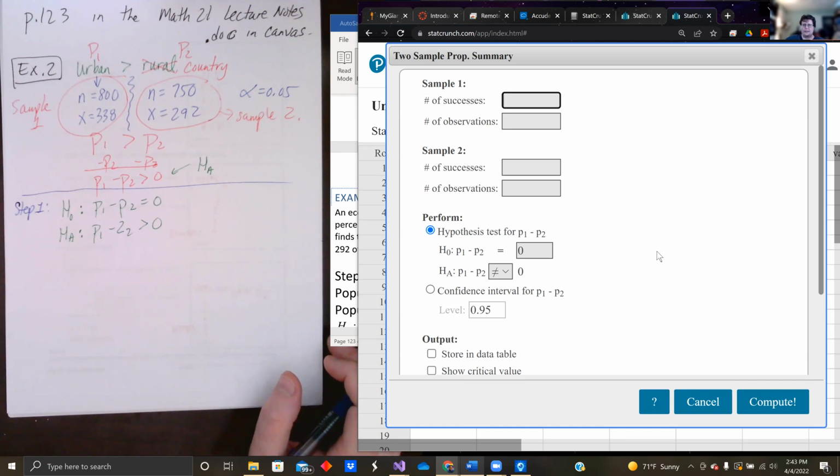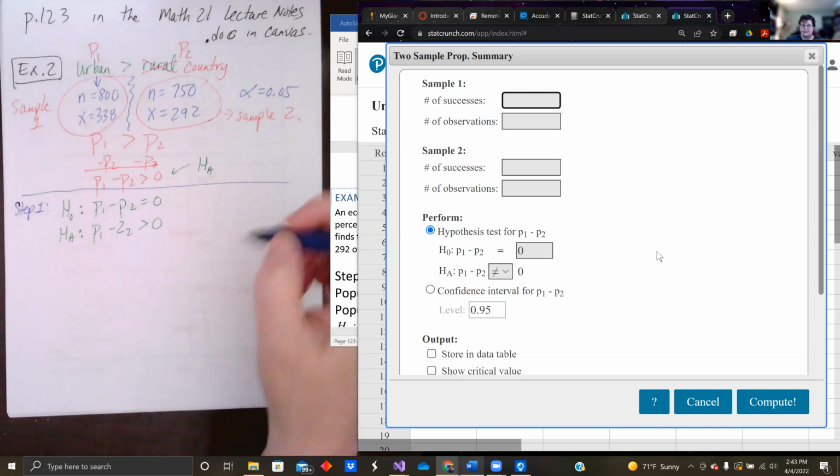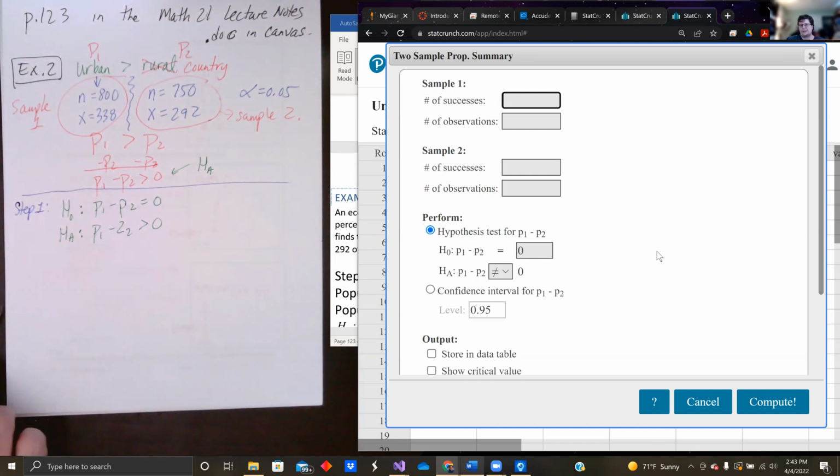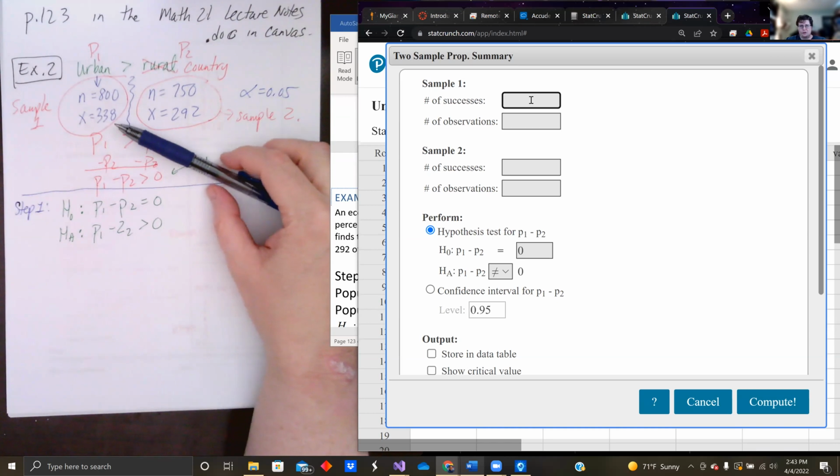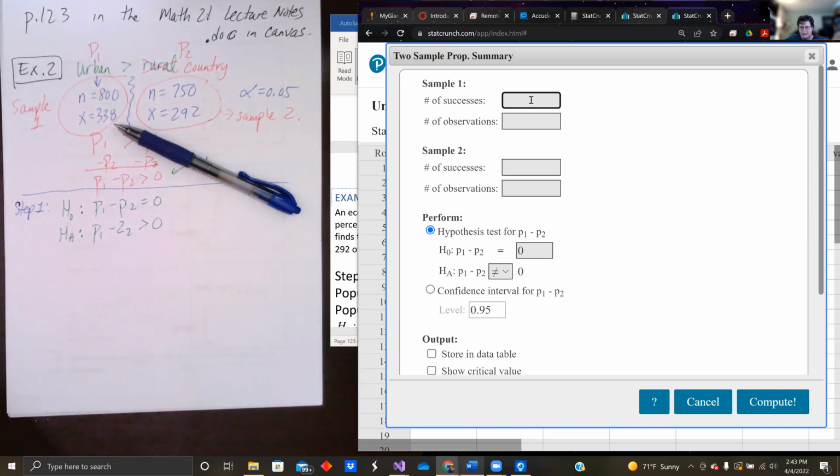Step 2 and 3 is find alpha and find the test statistic and p-value. Well, StatCrunch will give us that. So I've got my sample information here. Sample 1 was the group on the left.